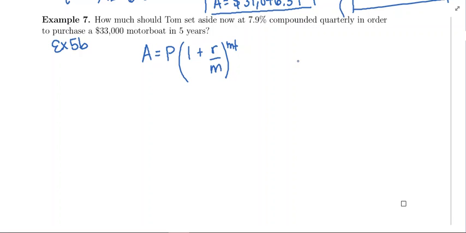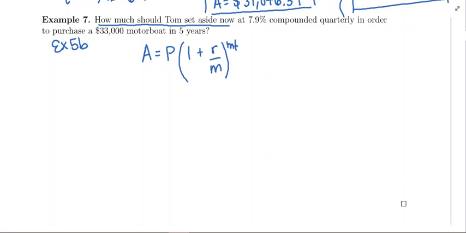His goal is to save $33,000 in 5 years, and the question asks how much he should set aside now. That implies Tom is setting aside one lump sum, letting it accrue interest for 5 years, and hoping to come back to $33,000 to buy his motorboat. Since he's saving one lump sum, that makes it compound interest.